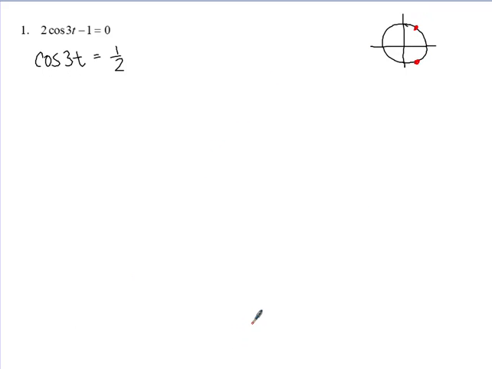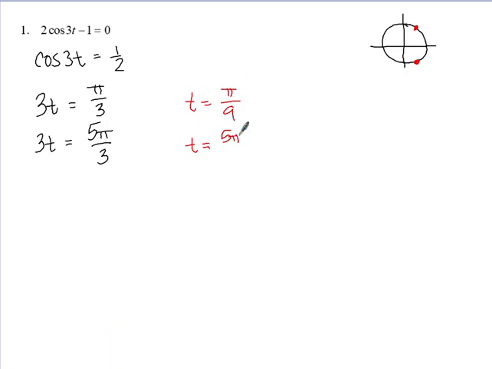Well, that occurs at pi over 3 and 5 pi over 3. So we have 3t equals pi over 3 and 3t equals 5 pi over 3. So when we divide by 3, we end up with t equals pi over 9 and t equals 5 pi over 9.